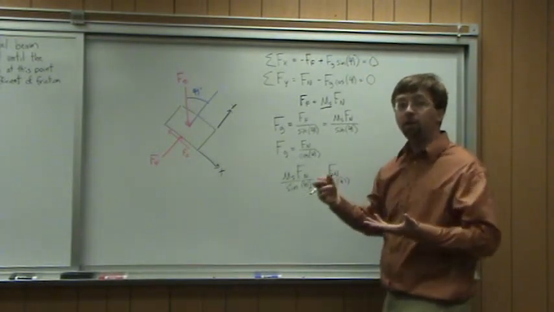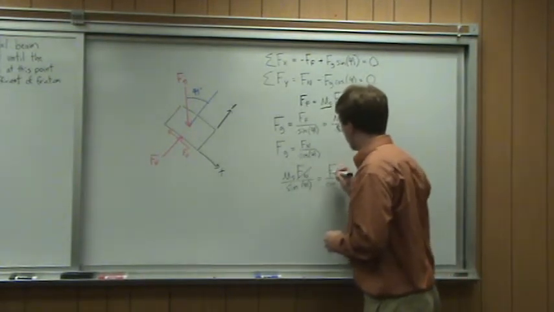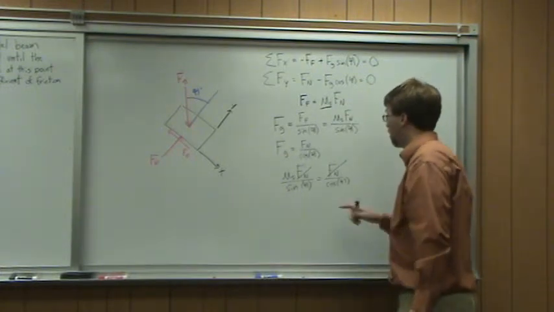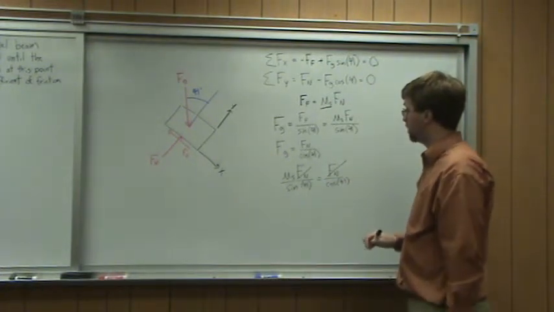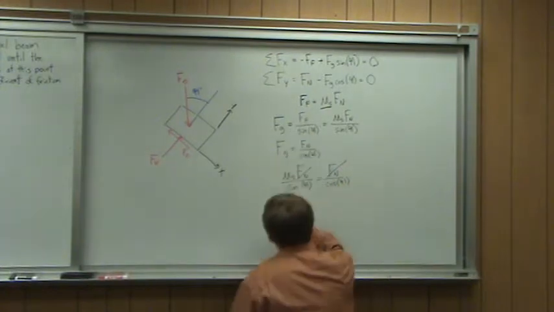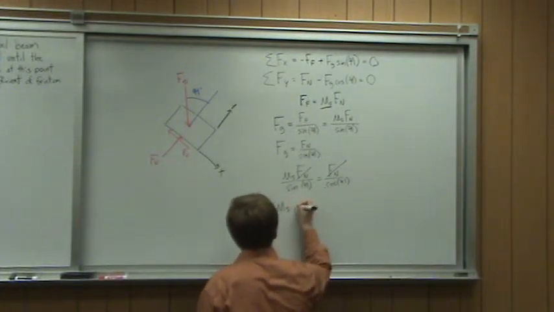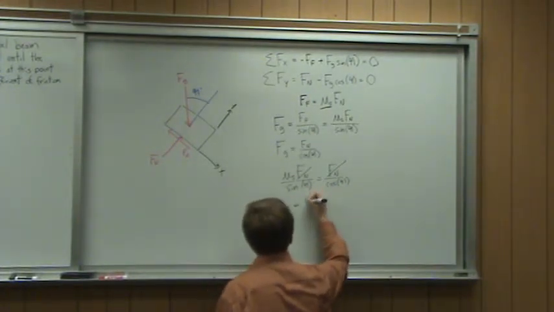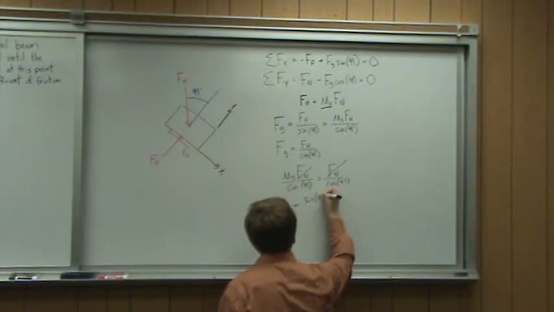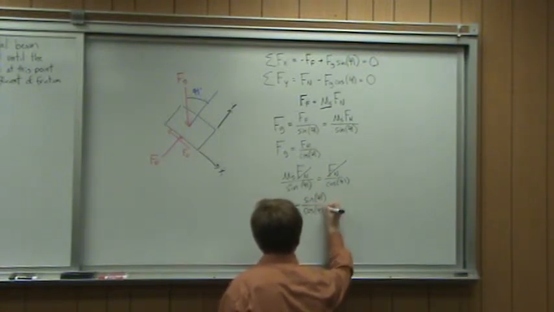And so I've got Fn on both sides, so I got rid of that in my equation. If I multiply both sides by the sine of 41, I will get mu static equal to the sine of 41 over the cosine of 41.